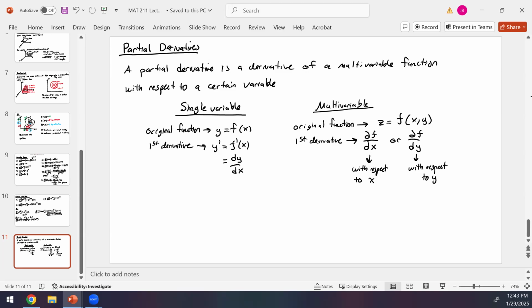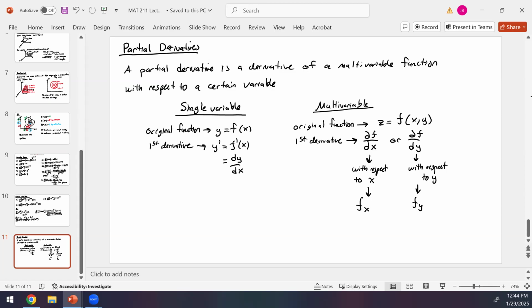Now, over time, this notation does get kind of annoying to write all the time. So we do have a shorthand for it, called subscript notation. We just write f with a subscript x and then f with a subscript y. What you're telling the reader is, take the partial derivative with respect to x.